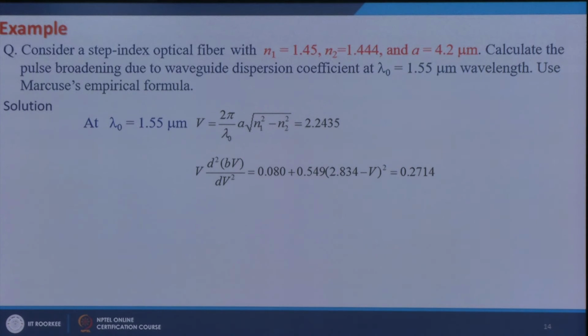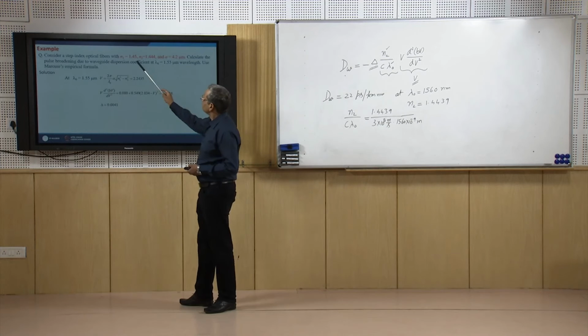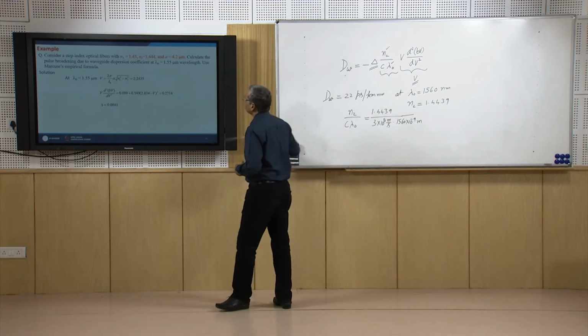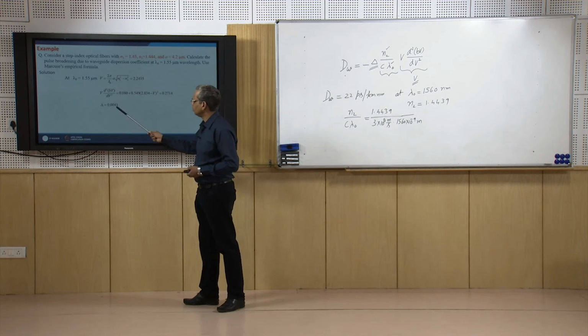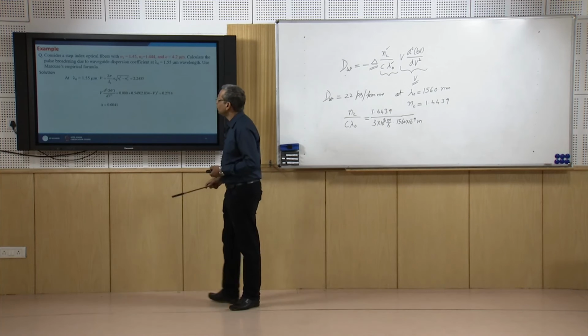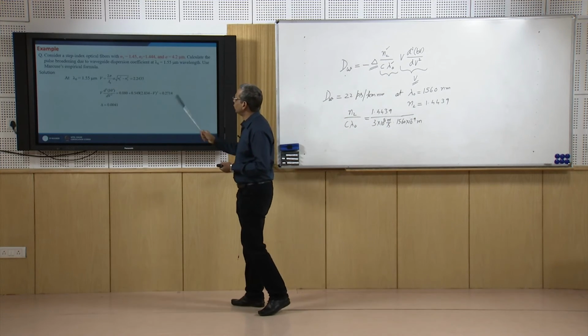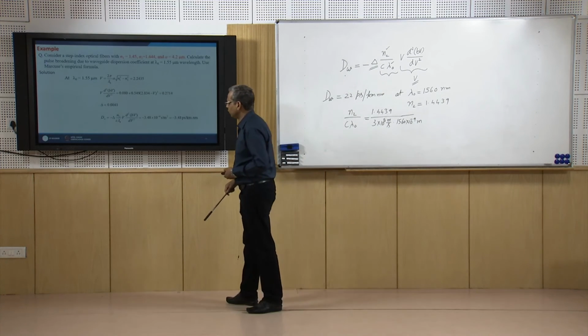0.2714. Delta for this, I need delta also. If I work out delta for these values of n1 and n2, it comes out to be 0.0041. Now, I have everything in place. I just need to plug these values into this formula and get the waveguide dispersion coefficient.